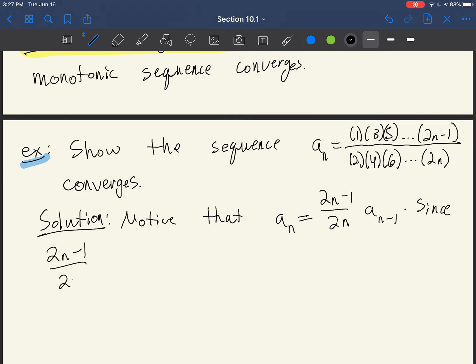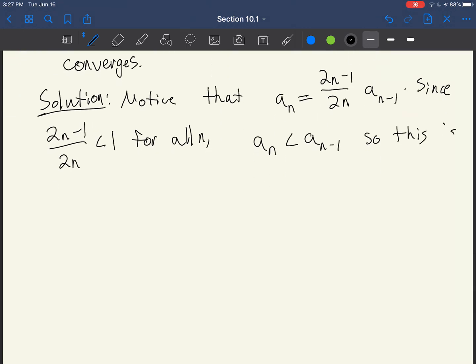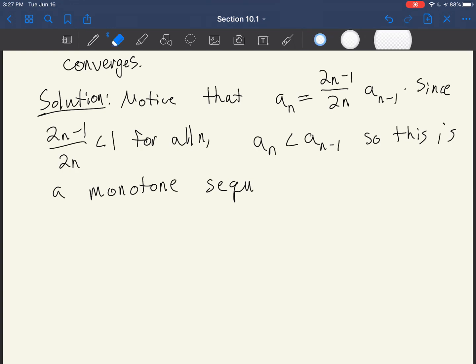Since (2n minus 1) divided by 2n is less than 1 for all n, we have a_n is less than a_{n-1}. So this is a monotonic sequence, sorry, and by that we mean it's never increasing, so non-increasing.